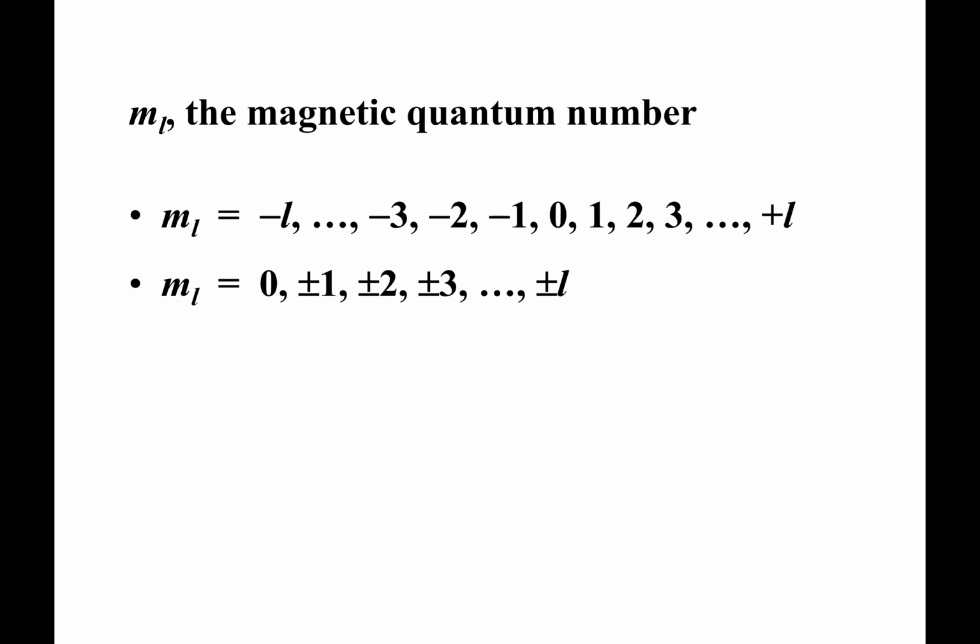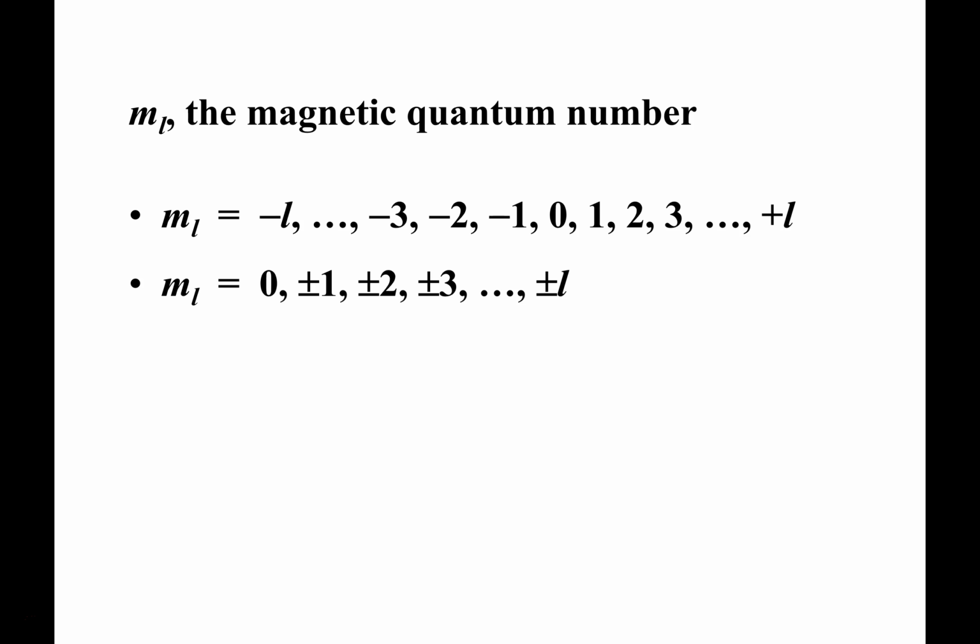Values of m sub L are bracketed by the value of your L, just like values of L are bracketed by the value of your n. The middle box is going to be 0, and then going on either side, plus or minus 1, plus or minus 2, plus or minus 3, plus or minus 4, etc., all the way up to plus or minus L.